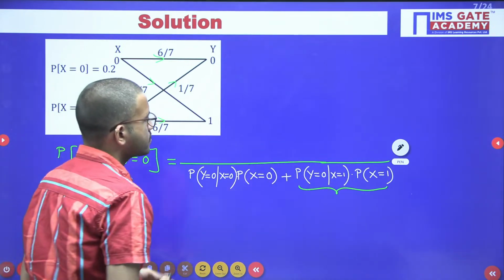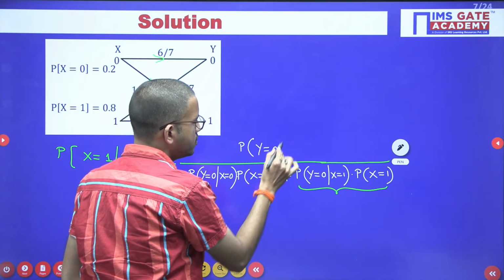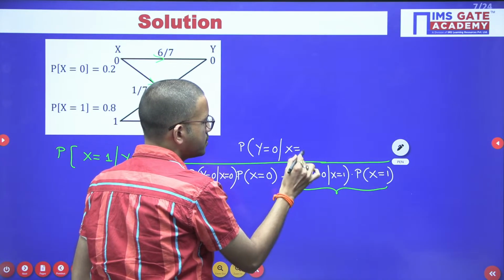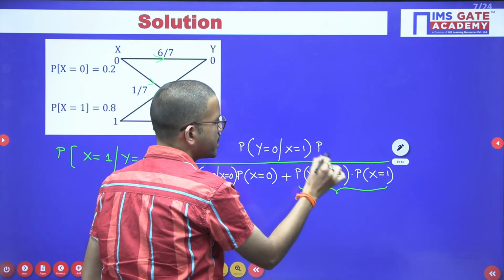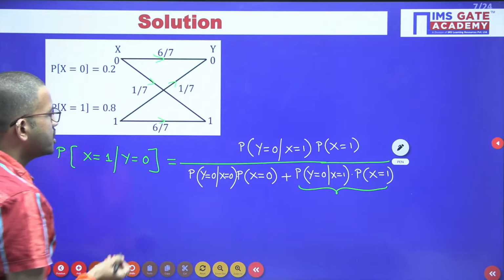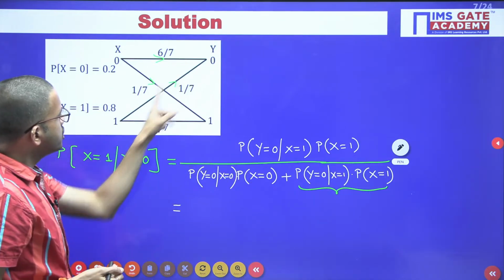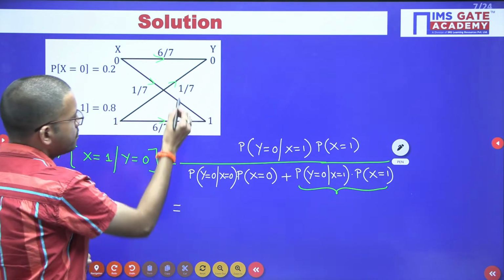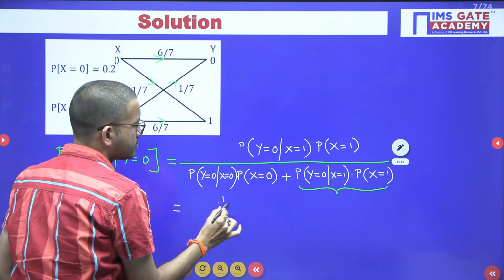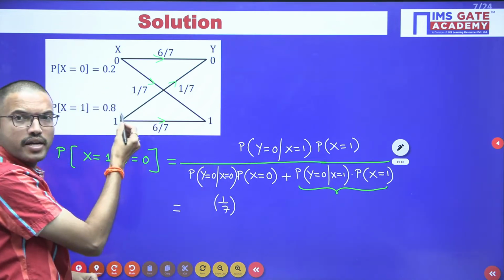That's all. Probability of y equal to 0 given x equal to 1 into probability of x equal to 1. Now you can substitute: probability of y equal to 0 given x equal to 1 is 1 by 7, into probability of x equal to 1, which they have mentioned as 0.8.